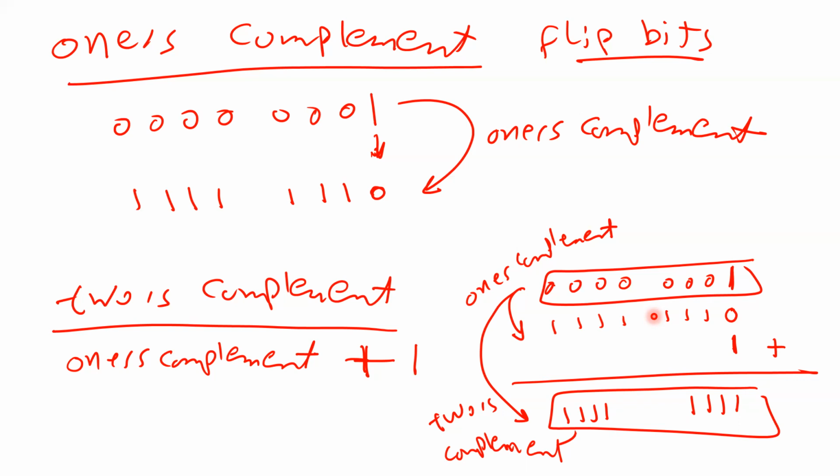Actually, if I give you a number and you calculate its 2's complement, you are multiplying this number by -1. So if this number is 7 and I get the 2's complement of 7, I'm going to get -7.